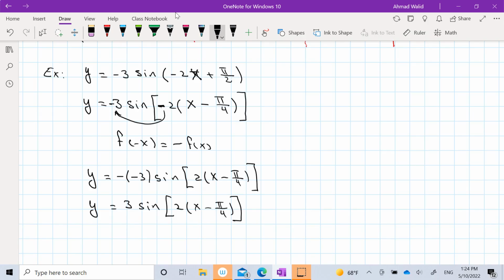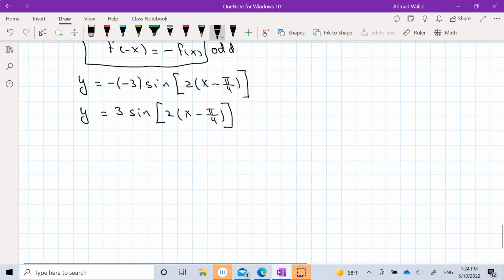Please, you are not factoring -2 here. This is the reason: you are dealing with the odd function. Sine is an odd function. Correct? Now, I don't have vertical shift. I'll start with my second step, which is the horizontal shift or phase shift.